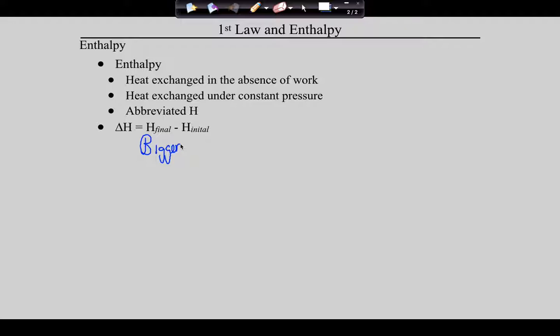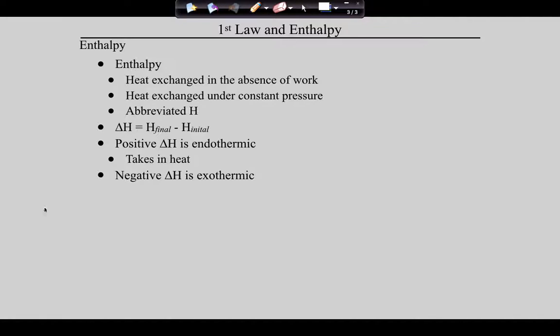Thermic is heat or enthalpy, and if energy is going in, then the final energy is higher, and conversely, if energy is going out, the final energy is lower. So guys, if delta H is positive, that means the final energy is higher, energy goes in, the system's energy goes up, it takes in heat. That is technically the definition of an endothermic process, when enthalpy is increasing. And then conversely, if enthalpy is going down, then it gives off heat, and that's exothermic.